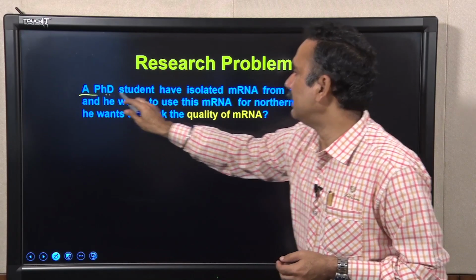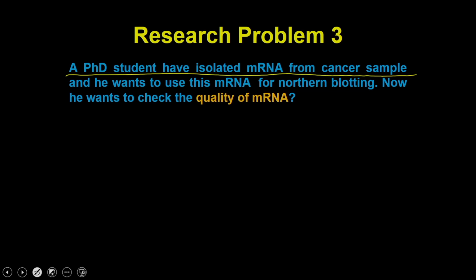The next problem is that a PhD student has isolated messenger RNA from a cancer sample, and he wants to use this messenger RNA for Northern blotting. Now, he wants to check the quality of the messenger RNA.